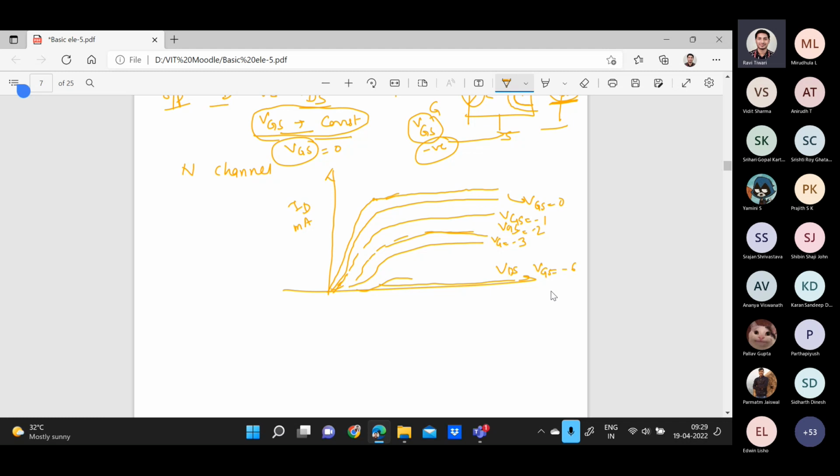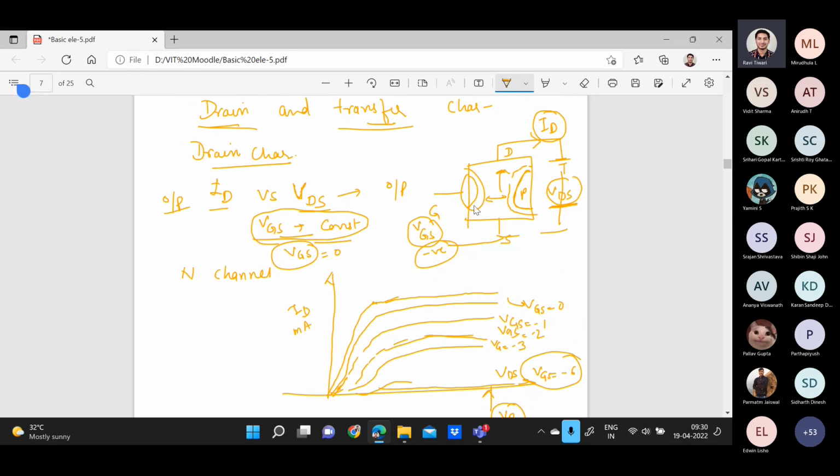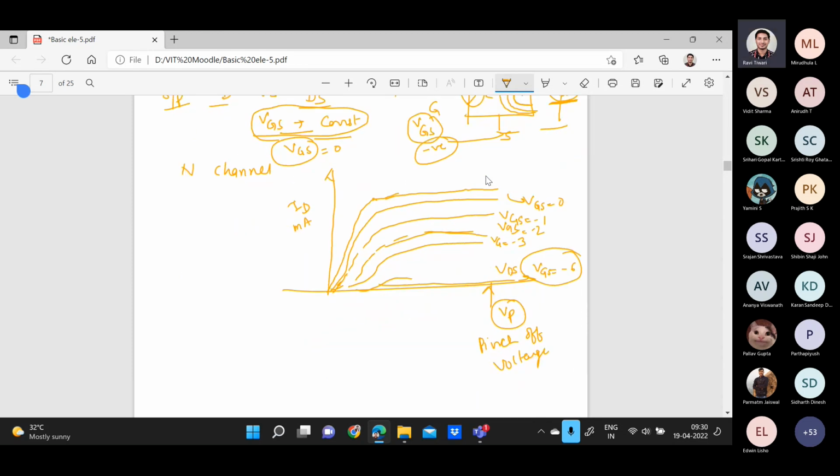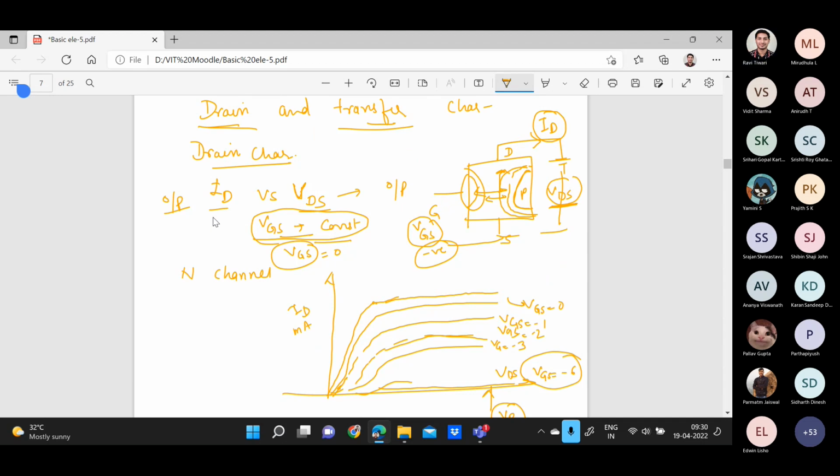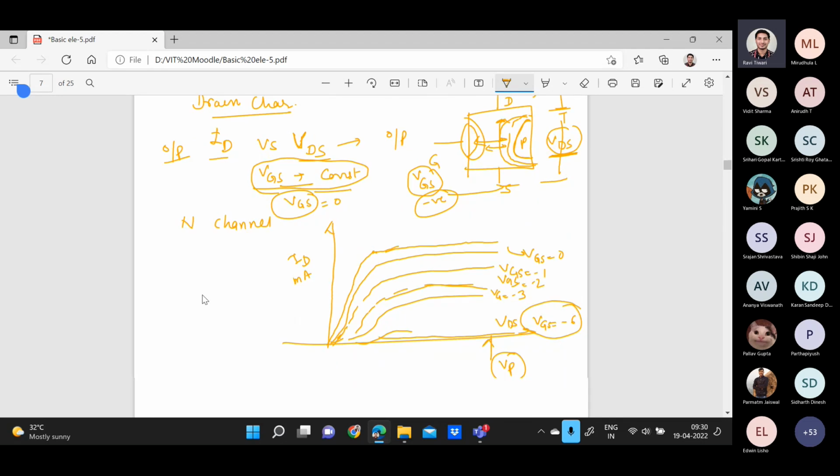This is called the pinch-off voltage, VP. Pinch-off voltage means that when you make VGS more negative, the depletion width increases so much that it closes the channel, and after this no current will flow because the electron movement is restricted. This was your drain characteristic.